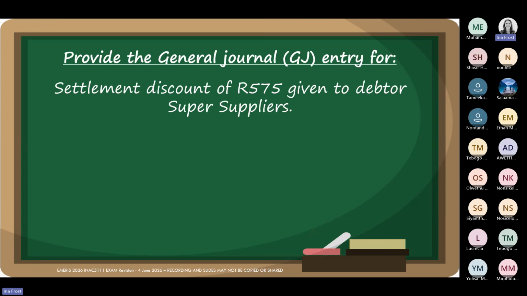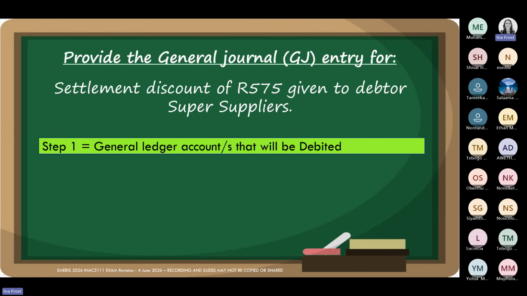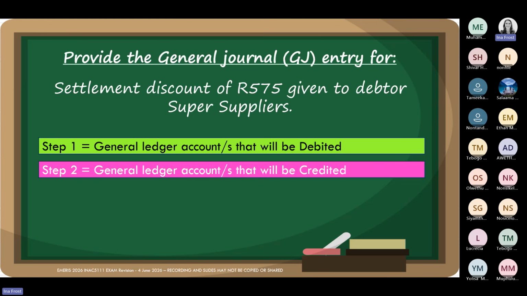I'll give you just a few minutes, but what I really want is to see if you can identify the general ledger accounts, and whether you're going to debit or credit them. In other words, you're thinking of step number 1: which general ledger accounts am I going to debit and which am I going to credit. I'm going to pause here for a moment to give you an opportunity. So write out those T accounts, think about it, and identify the accounts involved and whether they will be debited or credited.